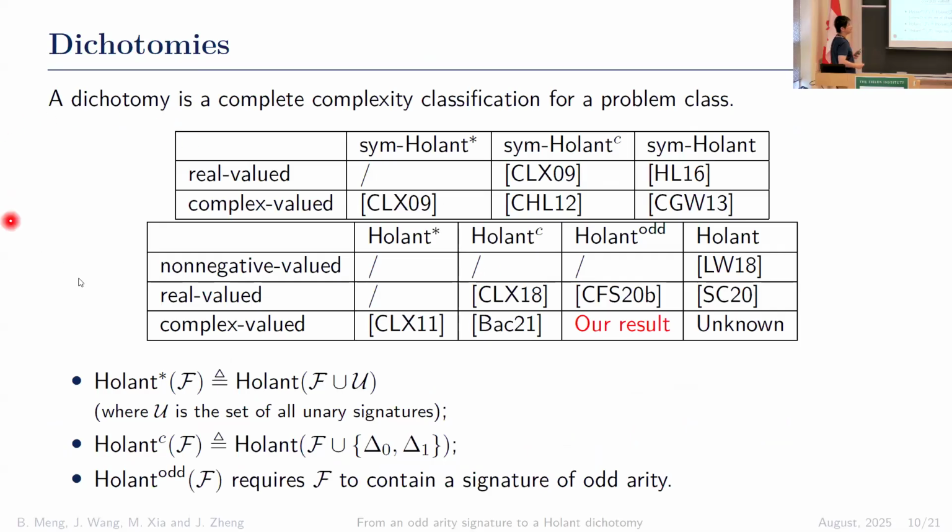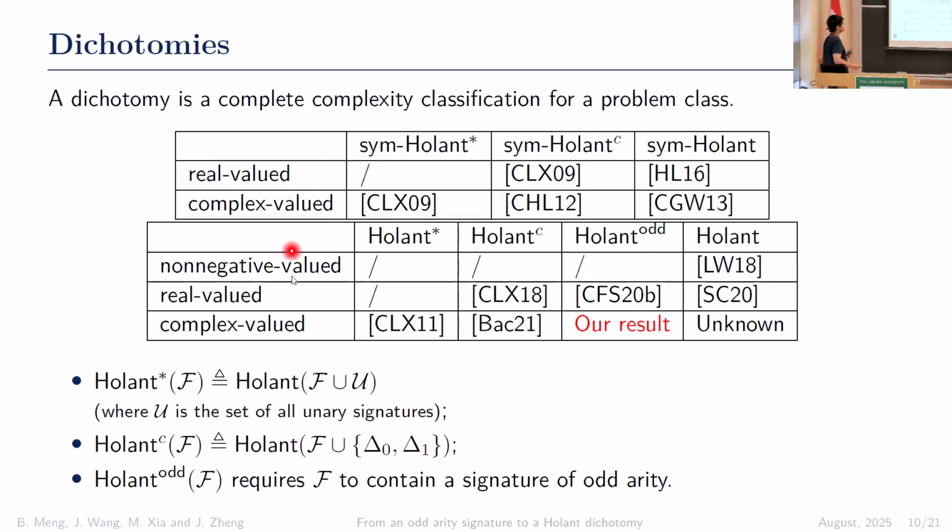And there is a long line of work studying the Holant problems. Usually, to completely classify the complexity of Holant problems is very hard, and you can see there is a very large amount of work focusing on this problem. The work usually starts with the classification for symmetric signatures, and there are several results.